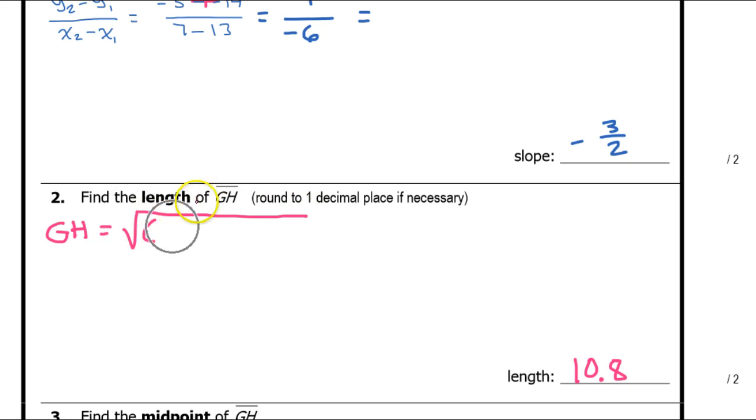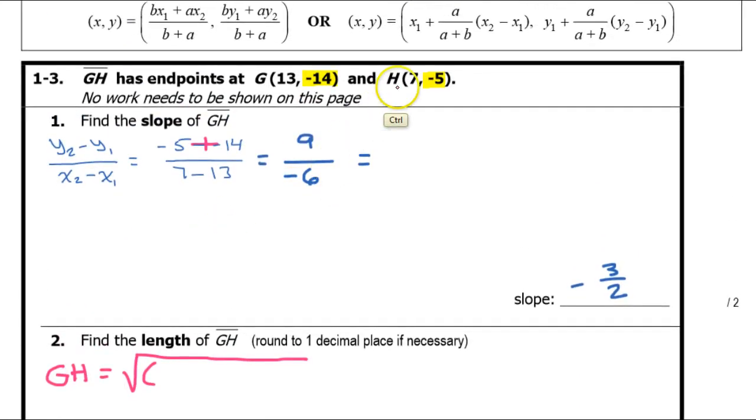And then I will do x minus x. So that's going to be 7 minus 13 squared. And then next comes y minus y. So that'll be -5 minus -14, -5 minus -14 squared.